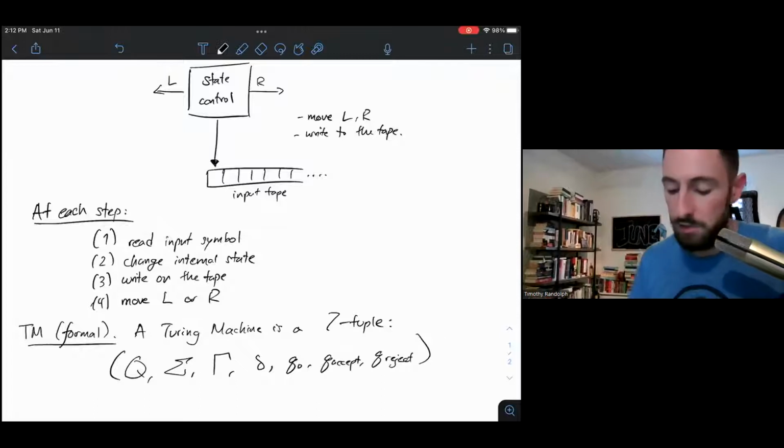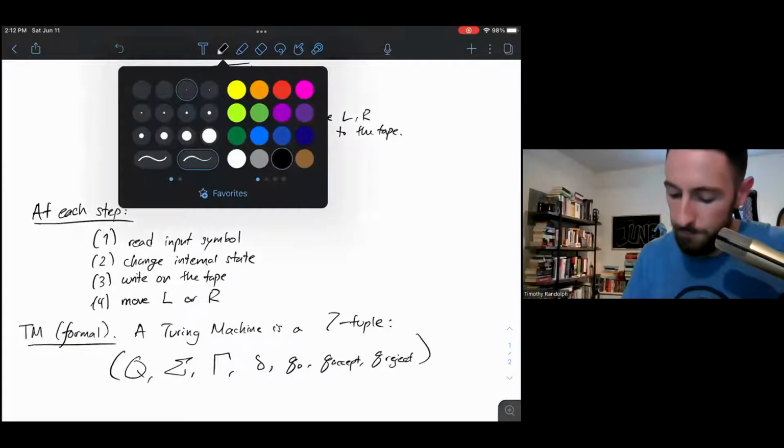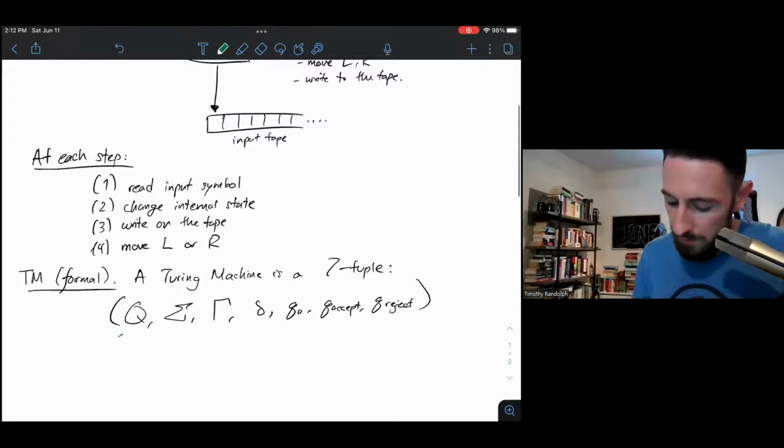Most of these elements should be familiar from previous automata. As before, Q is a finite set of internal states. Sigma is a finite input alphabet.